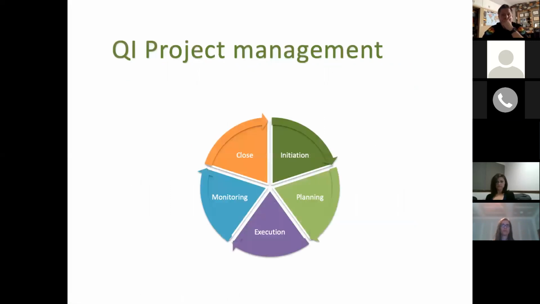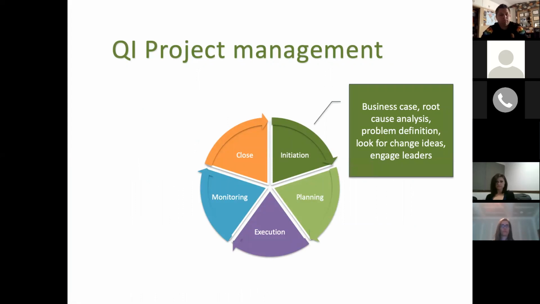So just really simply, here's a common project management framework. It starts at initiation, planning, execution, monitoring, and close. And if we make this specific to an improvement project, we can think about a few different elements in each of these steps. So the first, when we're starting or initiating a project, we want to think about our business case.